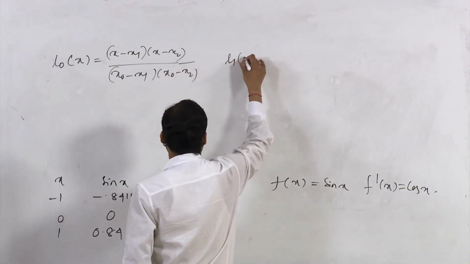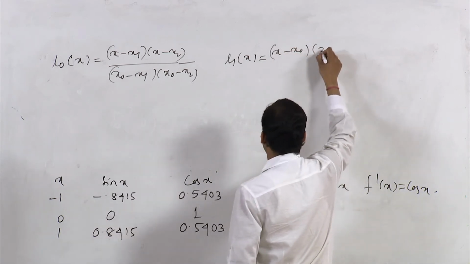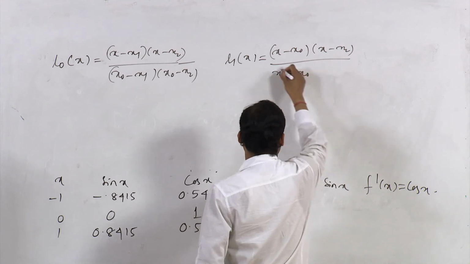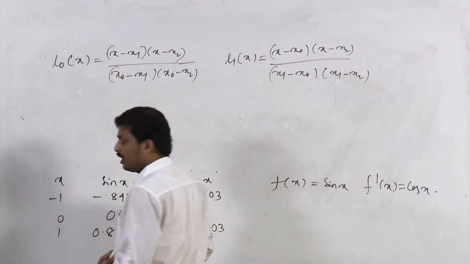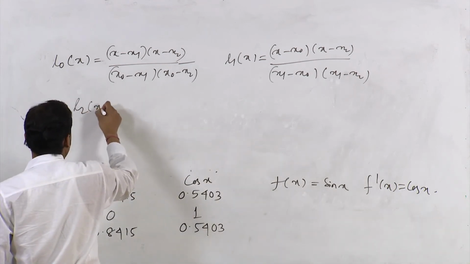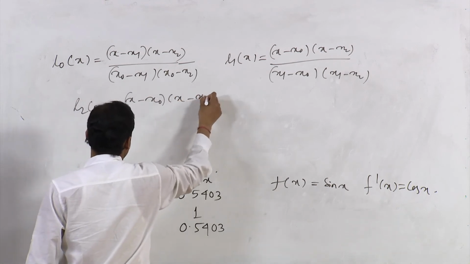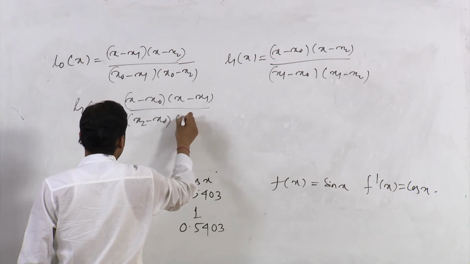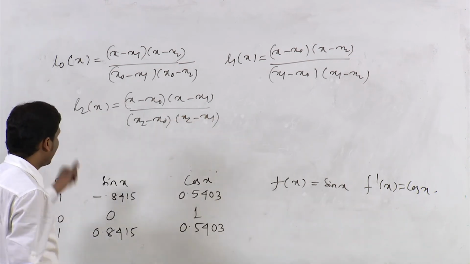Similarly L1x can be written as x minus x0, x minus x2 by x1 minus x0, x1 minus x2 here, and L2x can also be written as x minus x0, x minus x1 divided by x2 minus x0, x2 minus x1 here.